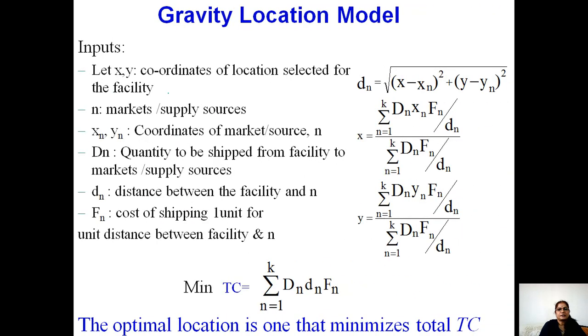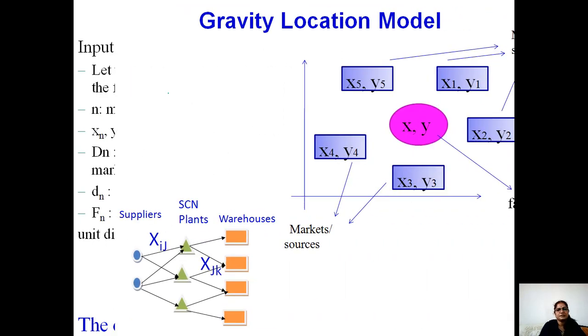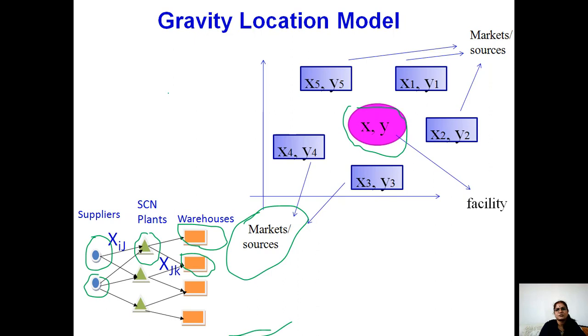I will go back now to the model. So let x and y be the coordinates of the location selected for the facility, which I already showed. Let n be the markets or supply sources. Say for example, in this case we have 5 markets or sources: 1, 2, 3, 4 and 5.